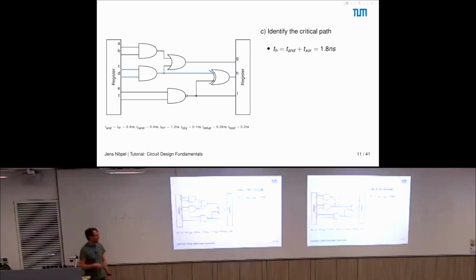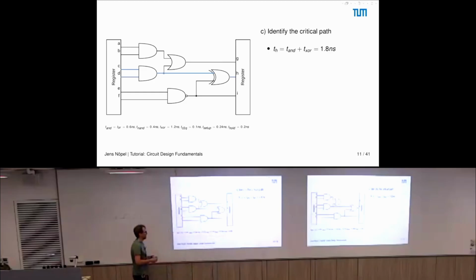And the interesting part is what we want to figure out is the time span which we have from here to here, right? So this is our, let's call it, T clock. So this is the time window in which a signal can travel from here to here until the next rising clock, right? So it needs to be stable until it arrives here so that it is stored correctly.